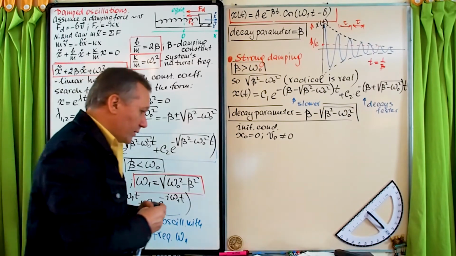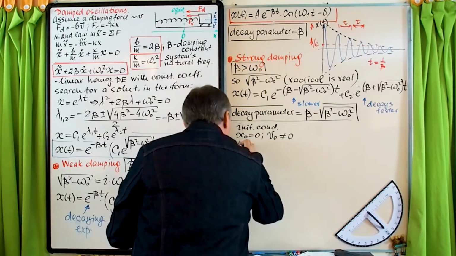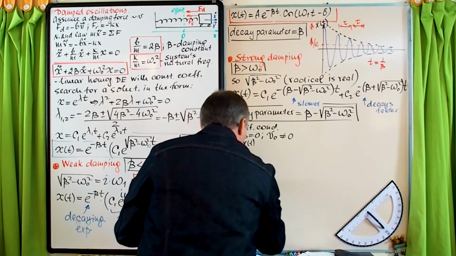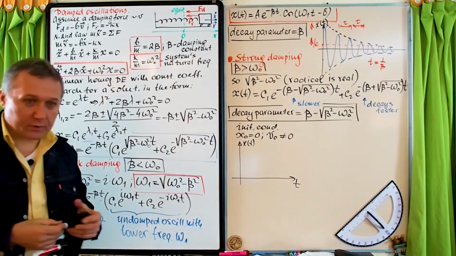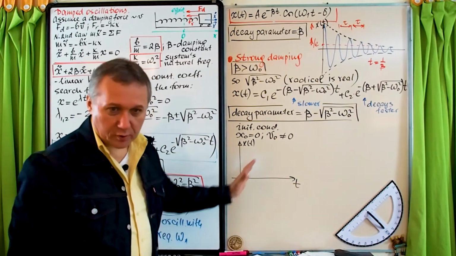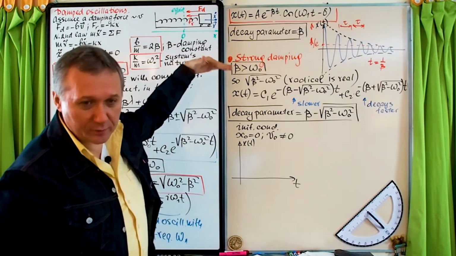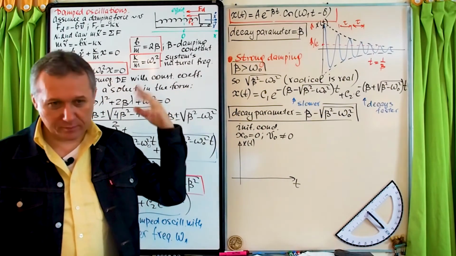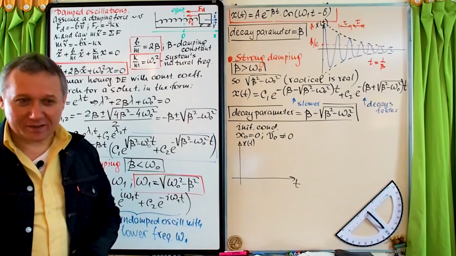What will be the response of the system? If I plot x as a function of time, the system will first go away from the equilibrium, and then it will go back to the equilibrium, taking an infinite period of time.